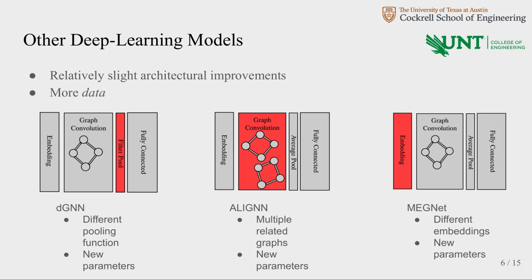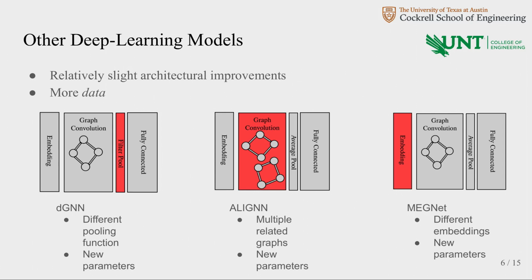Next, ALIGNN in the middle basically changed the graph. This is actually a pretty significant model change. It's a very cool idea, but instead of just encoding the atoms as nodes and the bonds as edges, it also encodes the angles between bonds as another graph.